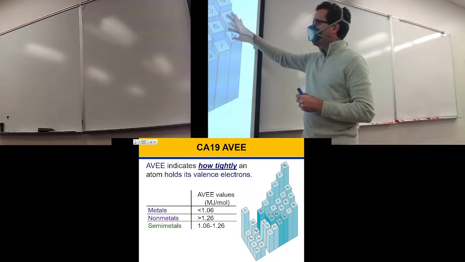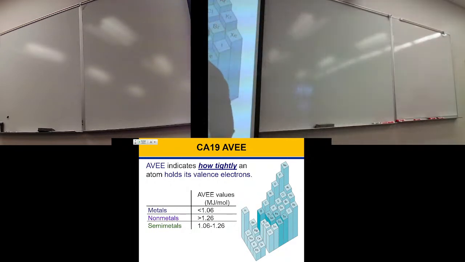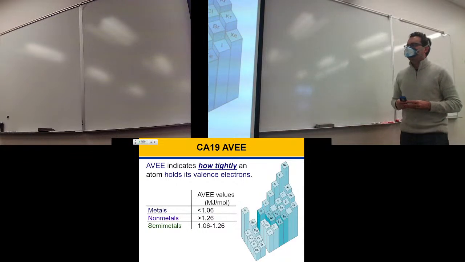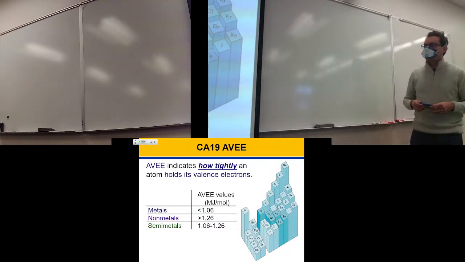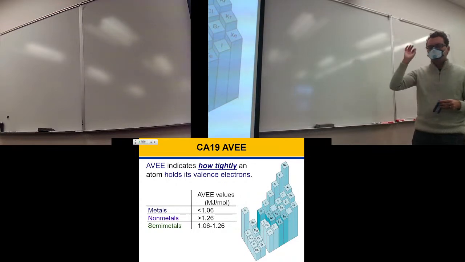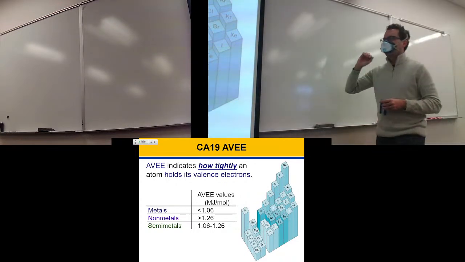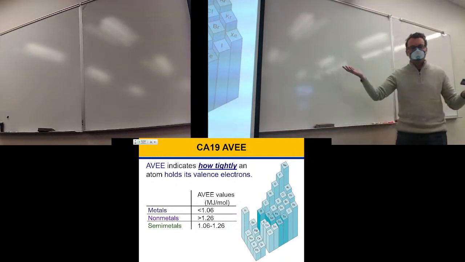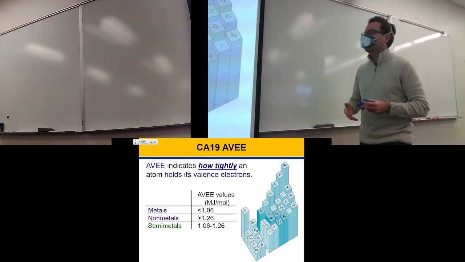And we start seeing some trends. For instance, metals have generally less than 1.06 average valence electron energy, and non-metals greater than 1.26. You don't need to know those numbers. Just get comfortable with the idea that you can predict lots of things with these values.